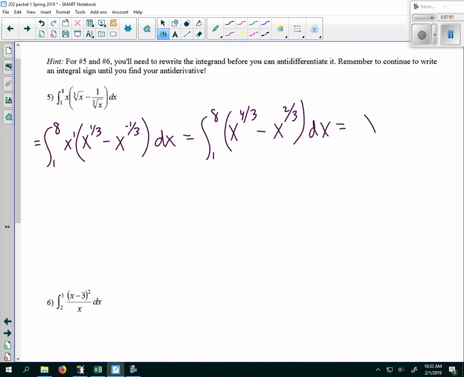So 4/3 plus 1 is 7/3, and I'm going to divide by 7/3 or multiply by 3/7. Add 1 to this exponent and I get 5/3, and dividing by 5/3 is the same as multiplying by 3/5, and I need to evaluate that from 1 to 8.